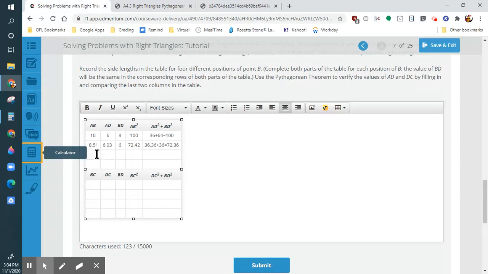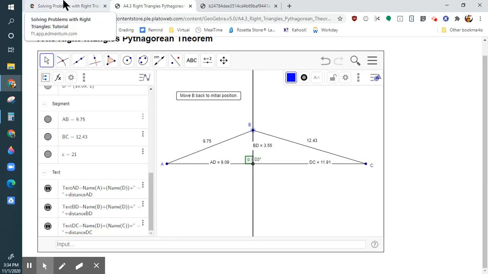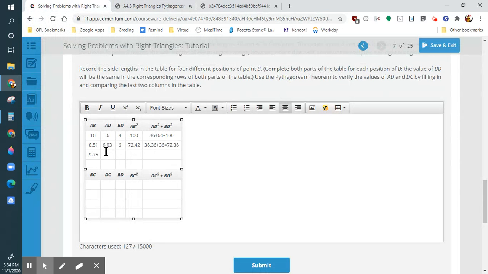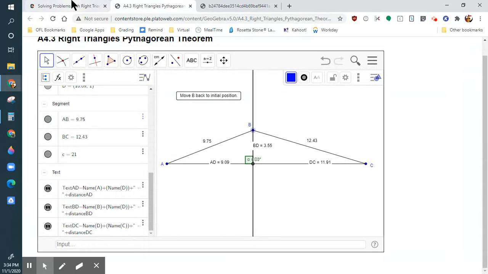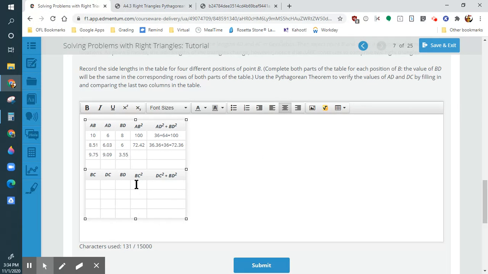So 9.75. Remember, GeoGebra estimates it, so there might be round off error. There probably is going to be round off error. AD was 9.09, and BD was 3.55.